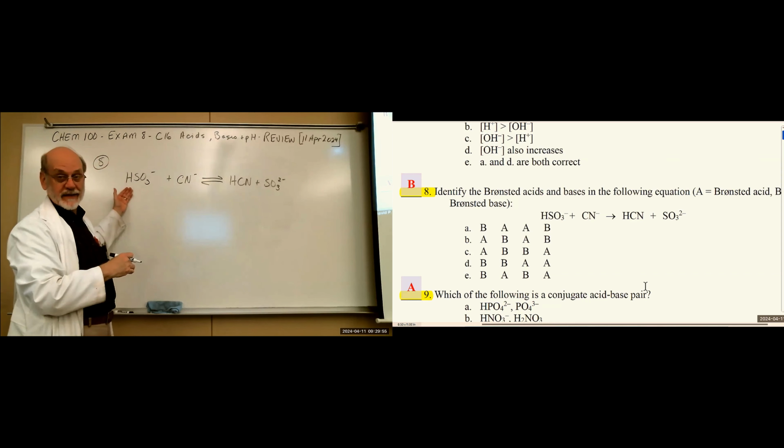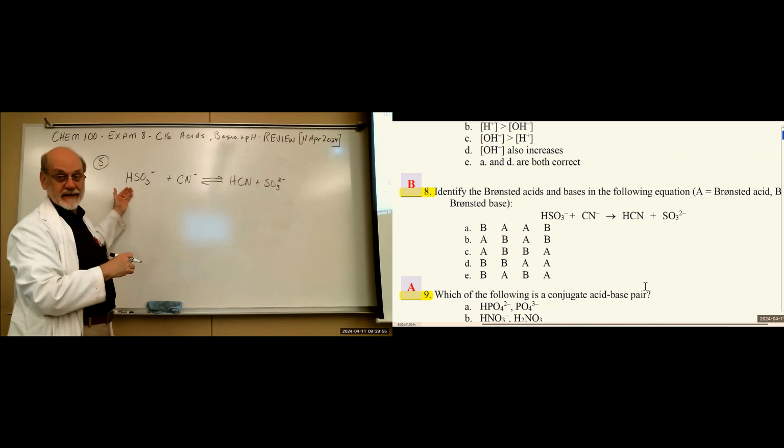How about B? The solution resists any change in its hydrogen ion concentration. Yep, that's another way of saying it. Okay, how about C? Any hydrogen ions added will react with a conjugate base of a weak acid already in solution. That is absolutely true. If you have a weak acid in equilibrium with its conjugate base, then if you add hydrogen ions here, it will force the shift this direction.